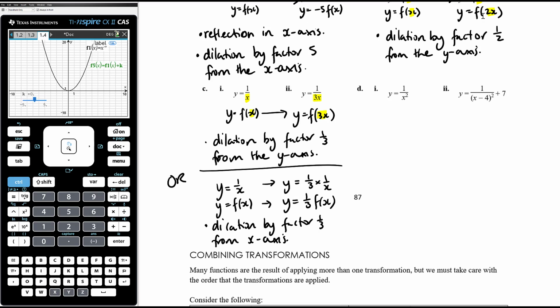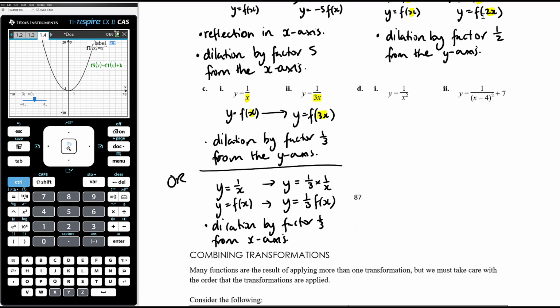It's really important that we understand that these two transformations aren't the same thing for all functions. It just so happens that for this particular function, for the hyperbola, if you were to dilate by a factor of 1/3 from the y-axis, you would actually end up with the same graph as if you had dilated by a factor of 1/3 from the x-axis. But it's purely because of the function type that it's a hyperbola.